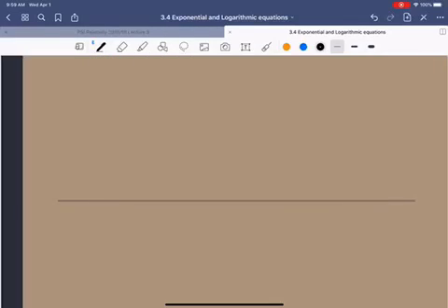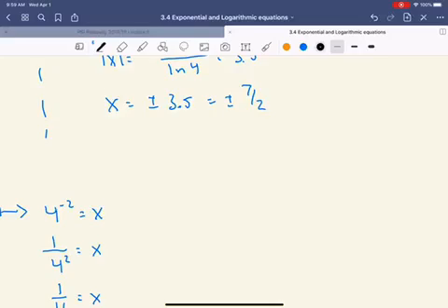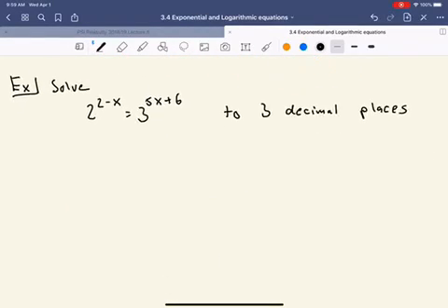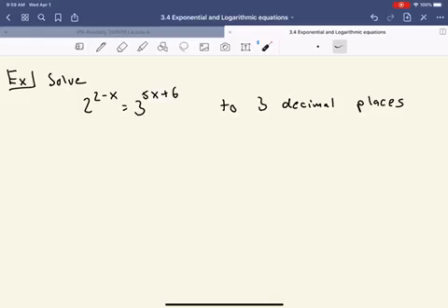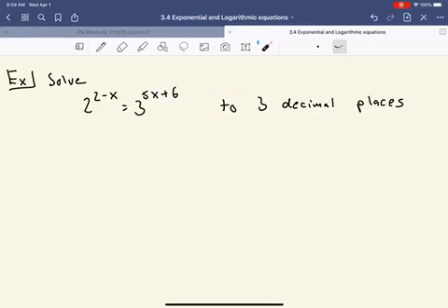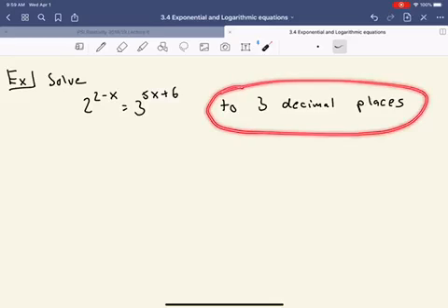Now, anytime I'm asked to solve to some sort of approximation, I try and avoid approximating as long as I can. So what I do is I do all the work algebraically by hand until I get one expression at the end.